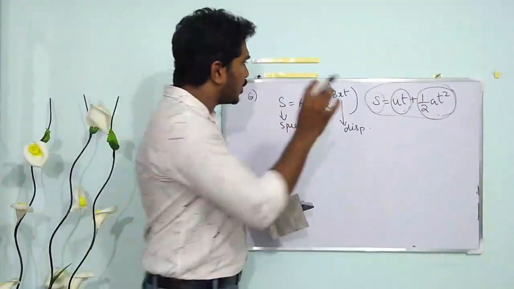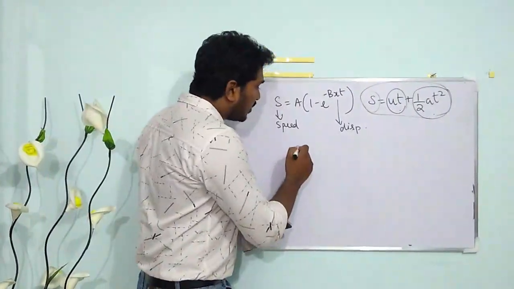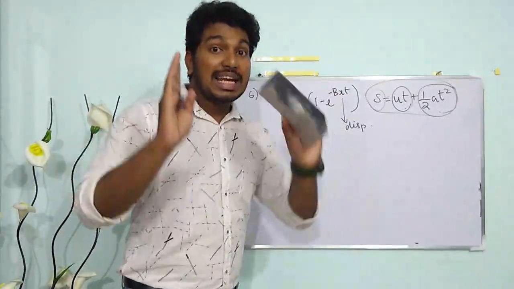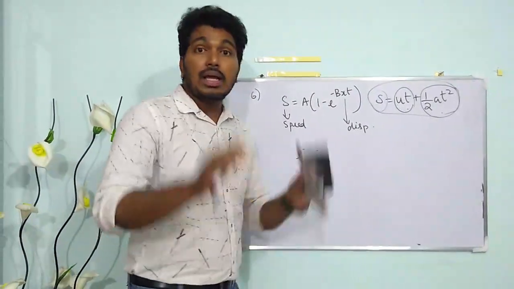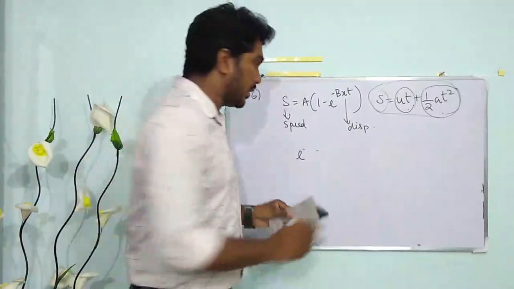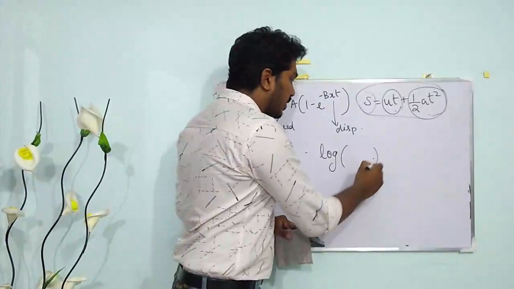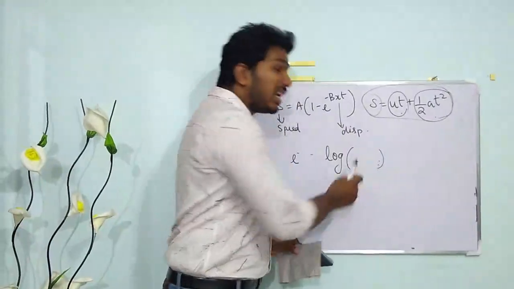Now, to solve this condition, remember that the power of an exponential should be a dimensionless quantity. Similarly, if you are writing log and inside the log there is something given in the question, that quantity should also be dimensionless. It should be a constant. So e raised to some quantity should be dimensionless, and inside the log also the quantity should be dimensionless.